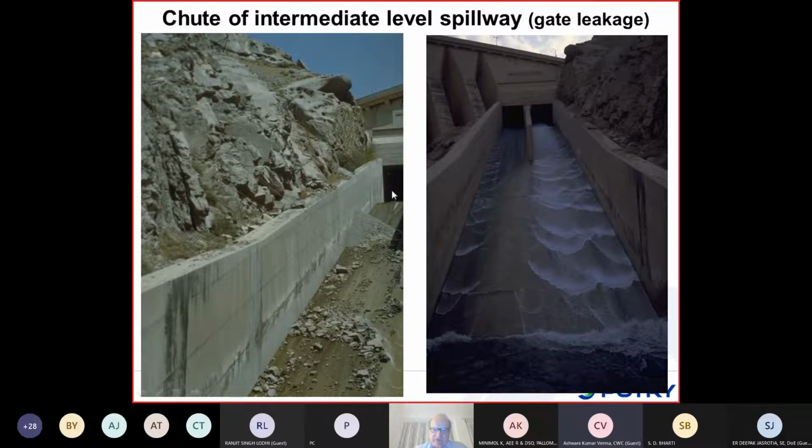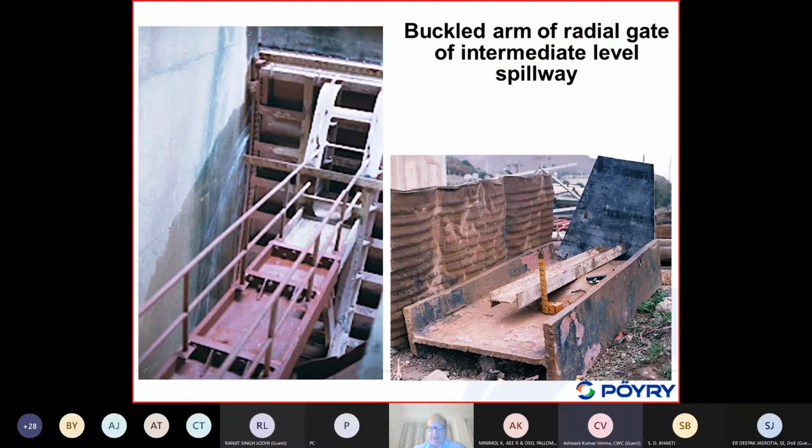This is an earlier one which shows that these gates here are leaking and some water was coming out. When we were doing our mission, we spent about 5 days there. It was not possible to enter this intermediate level spillway because it needed some special safety equipment which was not available.